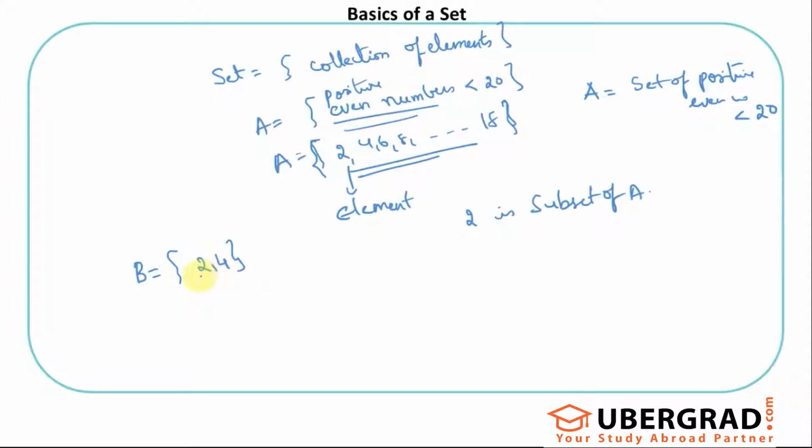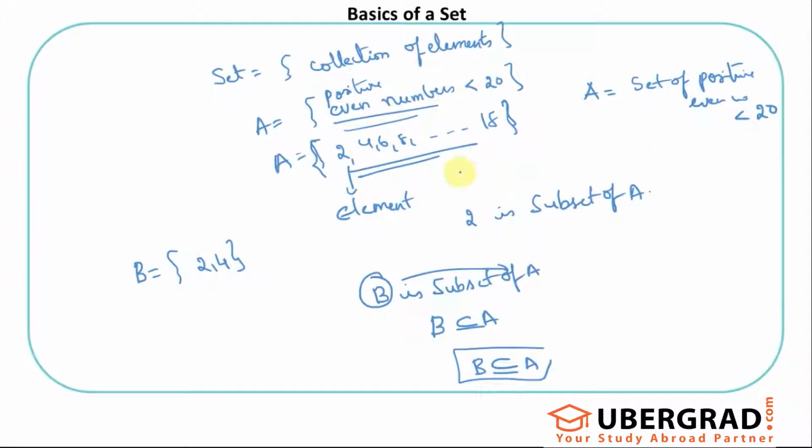So see, the 2 and 4 are already elements of A, so I can say B is a subset of A. That is, every element of B is part of set A. That's when I call it B subset of A. We write it like this. That's basically B is a subset of A.